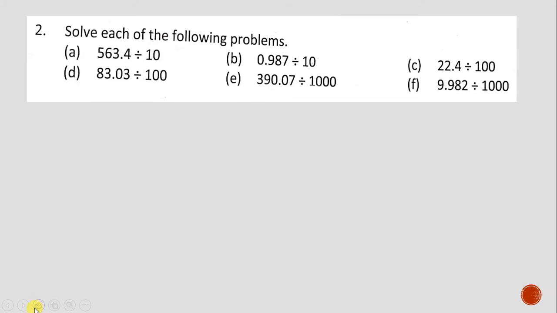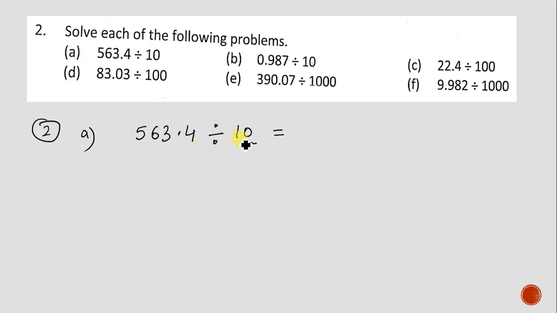Next, now we will learn how to divide decimal number by 10. So here we have to follow certain rules that we already have discussed in the videos. So question 2, let's take A1. 563.4 divided by 10. So the rule you have to follow, what is that? How many zeros we have, in case of division.